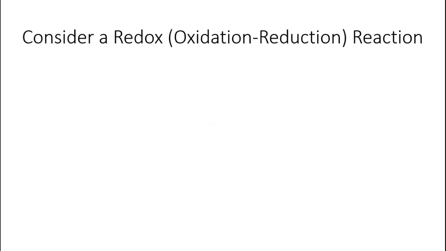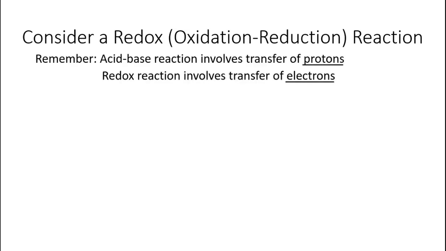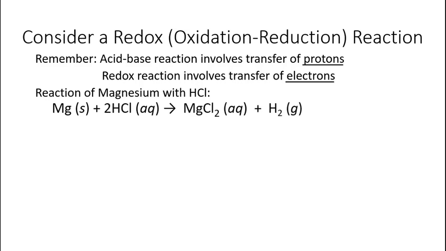Now let's consider a redox reaction, oxidation-reduction. Remember that in an acid-base reaction, you transfer protons. A redox reaction involves transfer of electrons. One of the reactions we saw is the reaction of a metal with acid. For example, the reaction of magnesium with HCl, which produces hydrogen gas.